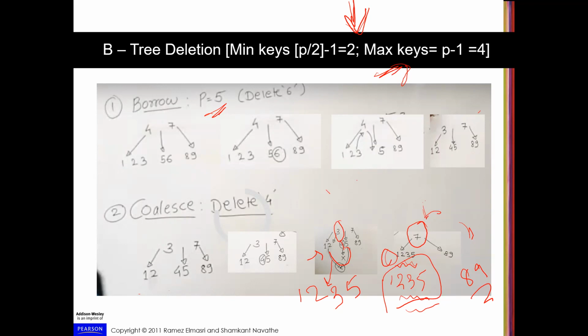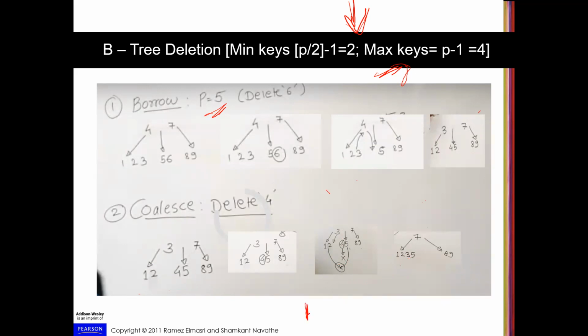But when we do not do this readjustment of bringing down 3 inside my left child, what will be the problem? I will tell you what will be the problem. When we do not do it like this, it will be like 1, 2, and 5. I'm just putting this 5 here.